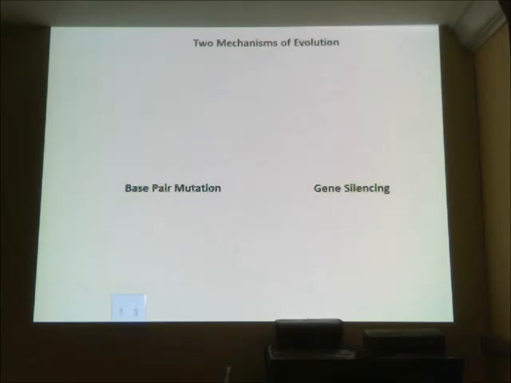Some of them might be environmental, some of them could be chemical, that will cause a base pair mutation. I'm also going to talk about something called gene silencing, but there are things that will cause a base pair not only to mutate, but an additional base pair to be inserted, and other things that will cause a base pair, or even multiple base pairs, to be deleted.